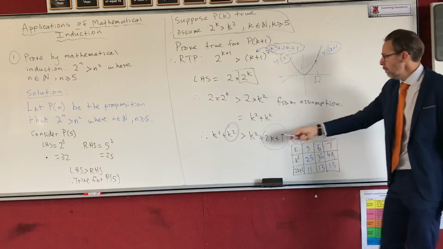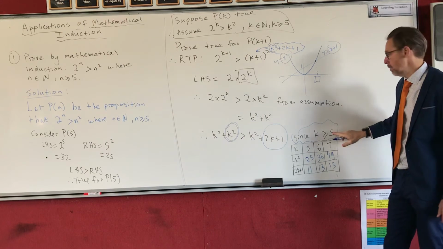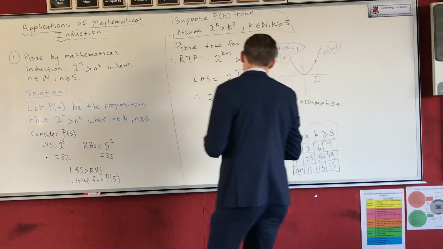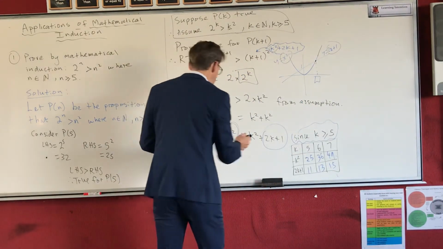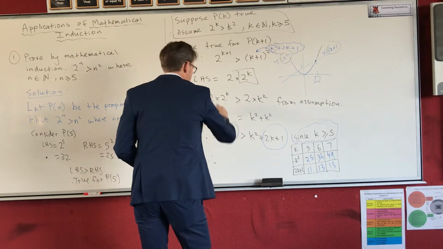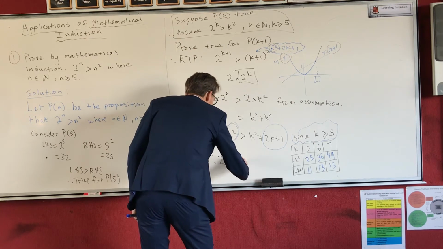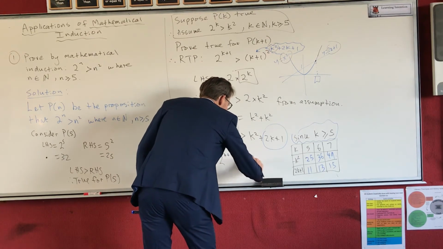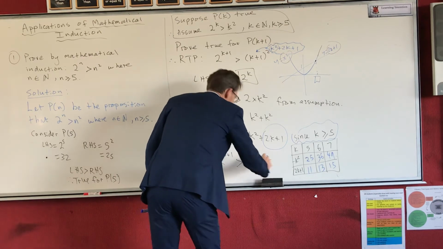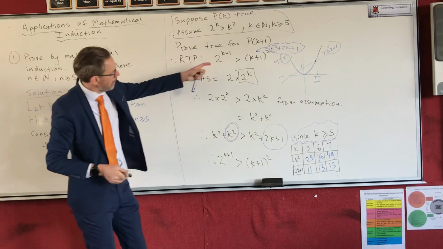So we can make that statement categorically as long as we say k bigger than or equal to 5. Therefore, we've got 2 to the k plus 1 is bigger than (k+1) squared, which is what we had to prove here.